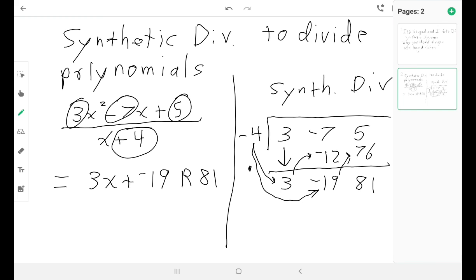Now let me show you how to do that same problem using long division. So we're doing 3x squared minus 7x plus 5 divided by x plus 4. And for long division, we're just going to write it as a long division problem, and I'm going to change this minus up here to plus negative.